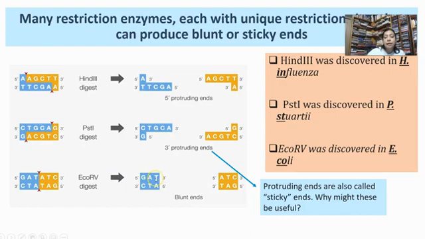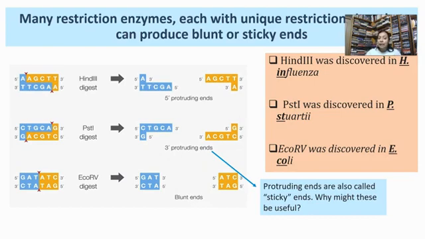Because it is a blunt end, it can attach back with itself, obviously, but if there were two different molecules present that were both cut with EcoRV, the second molecule could flip either way because it's a blunt cut and still attach in here. That would lead to not exactly the same molecule that we want as the only option, and you would have some that would have self-sealed. You would have some that were in the correct orientation and some that were in the flipped orientation.